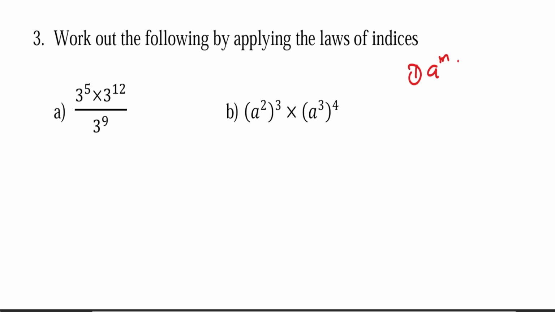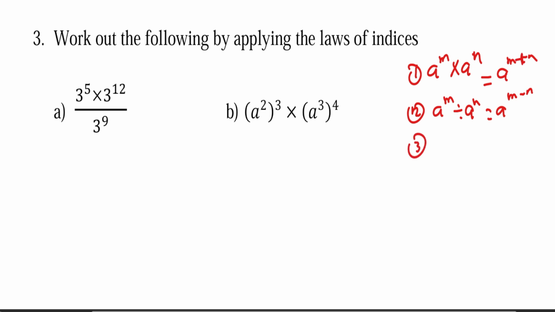We say that if you multiply and they have the same base, you add the powers. The second rule was if you divide, obviously, you subtract the powers. The third rule was if you have two powers outside, you multiply those two powers to give you only one power, m times n.